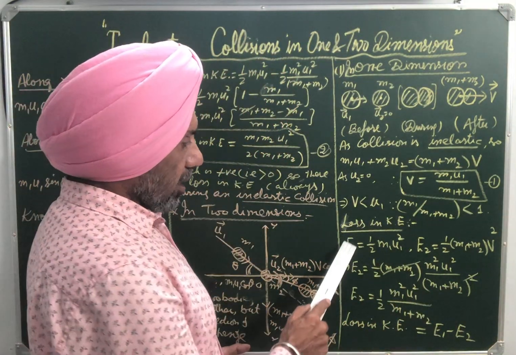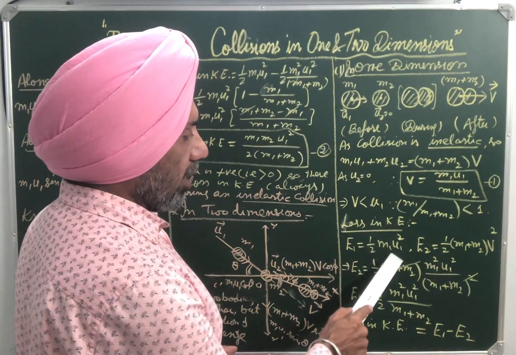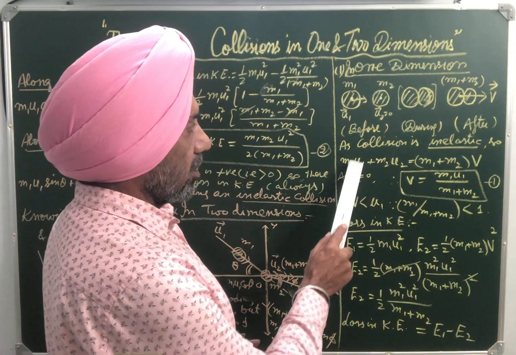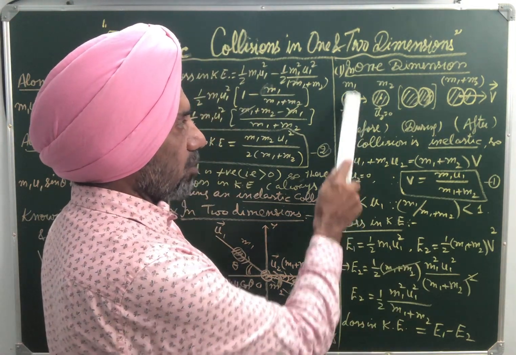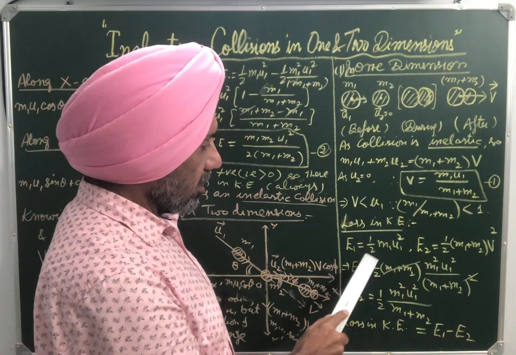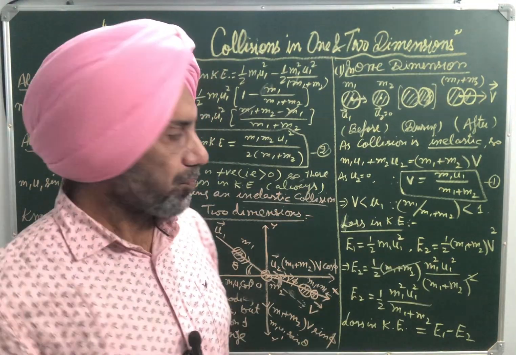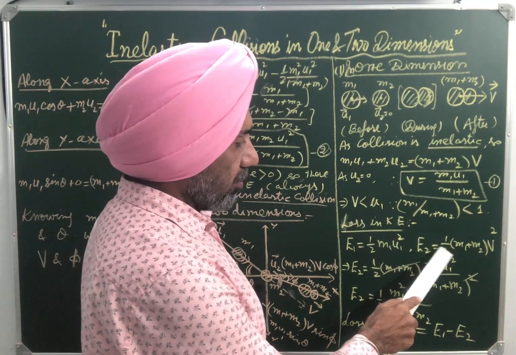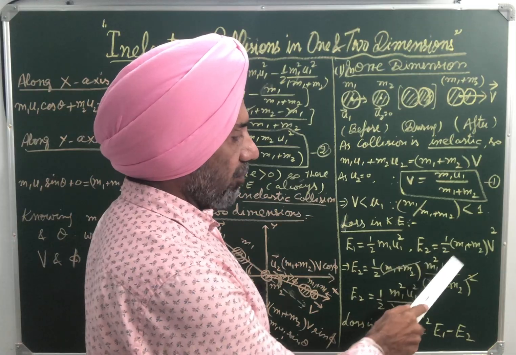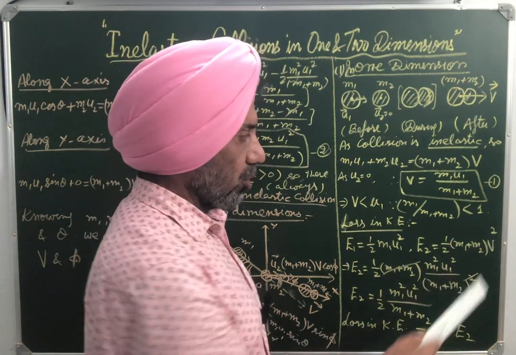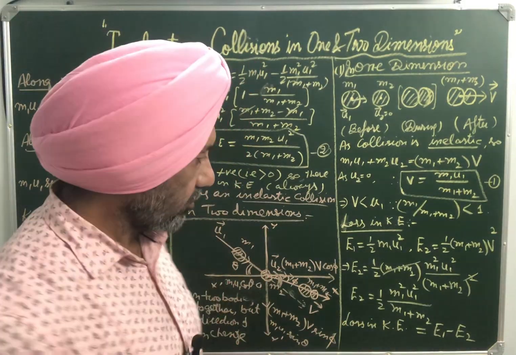For that, suppose E1 is equal to half m1 u1 square, the initial kinetic energy before collision, because u1 is the velocity of first body, u2 is 0. So initial kinetic energy before collision will be E1 is equal to half m1 u1 square. Similarly, the total final kinetic energy after collision will be E2 is equal to half m1 plus m2 into v square, total mass, because bodies stick to one another.